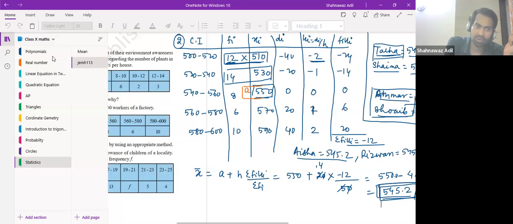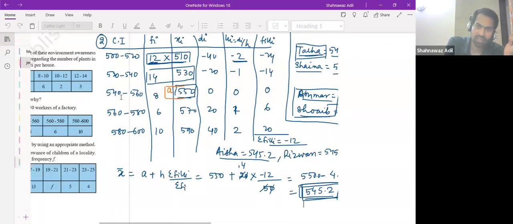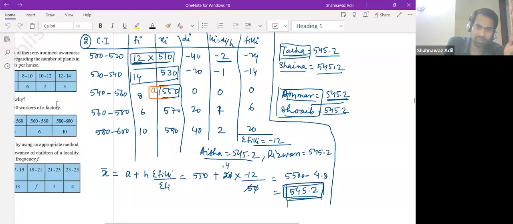Okay, so we solved this question, right? The second one, and we understood about those three methods: where we should apply the assumed mean or the step deviation method, and where we should apply the direct method.